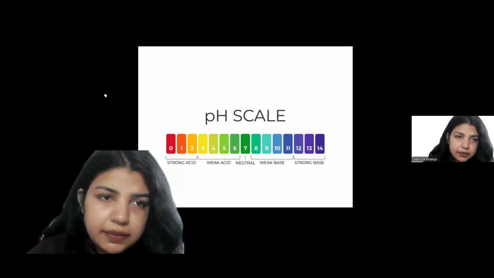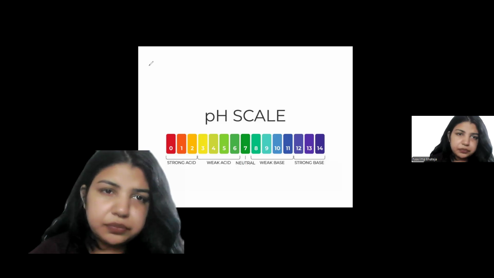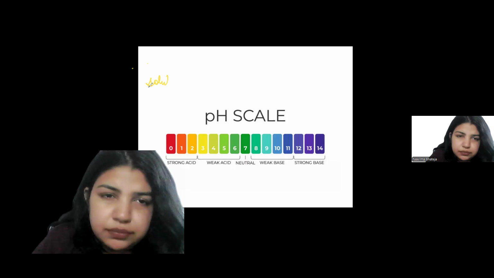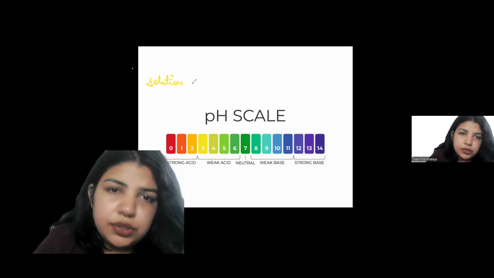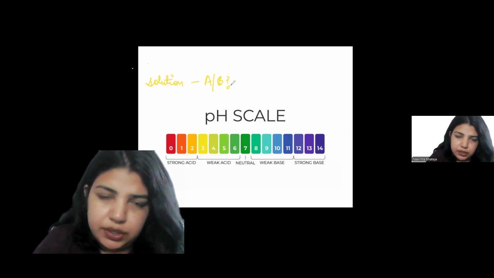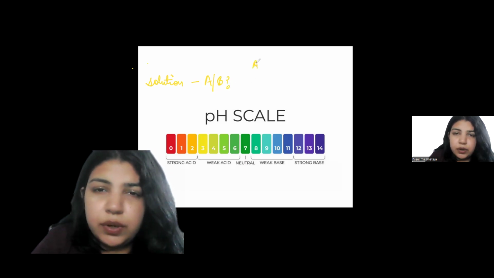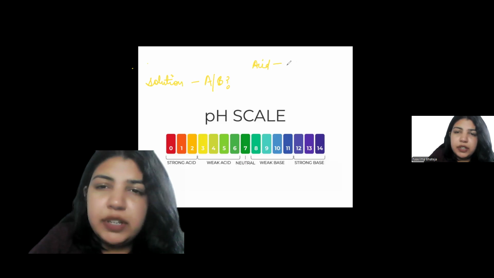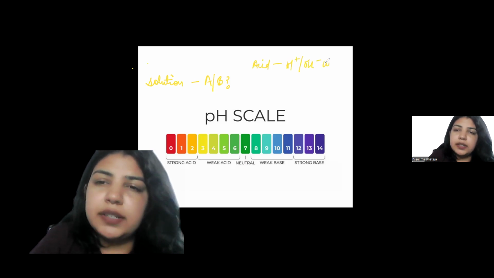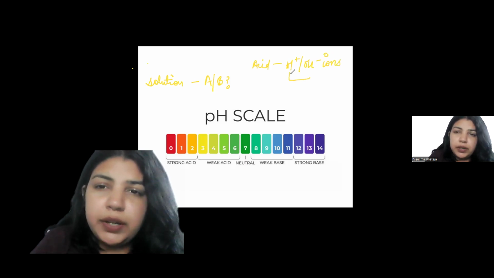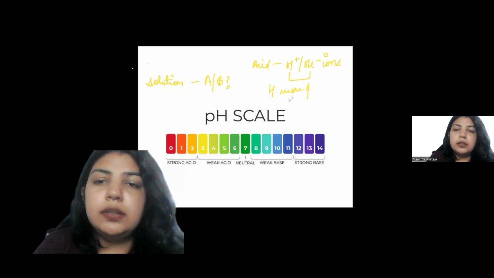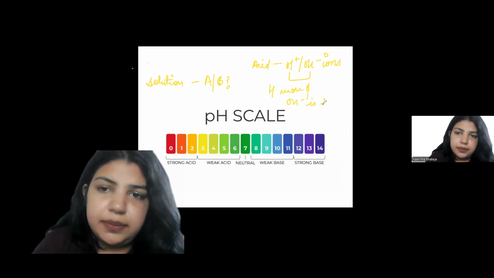So let's have an example first. For example, we have a solution and we need to check whether it is acidic or basic in nature. We have both H positive and OH negative ions in a solution. But what if H is more and OH is less?